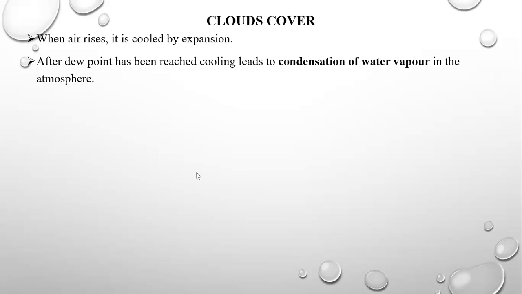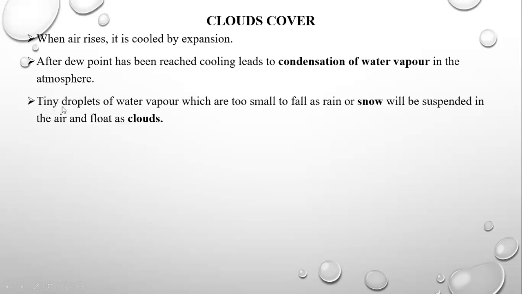After dew point has been reached, cooling leads to condensation of water vapor in the atmosphere. Tiny droplets of water which are too small to fall as rain or snow will be suspended in the air and float as clouds. So clouds are just very tiny droplets of water.